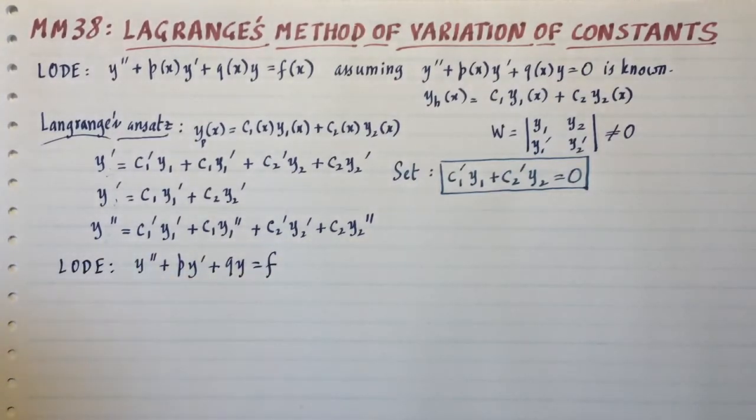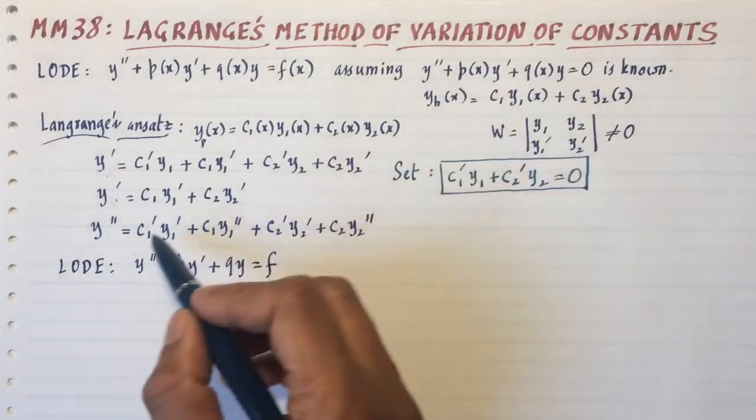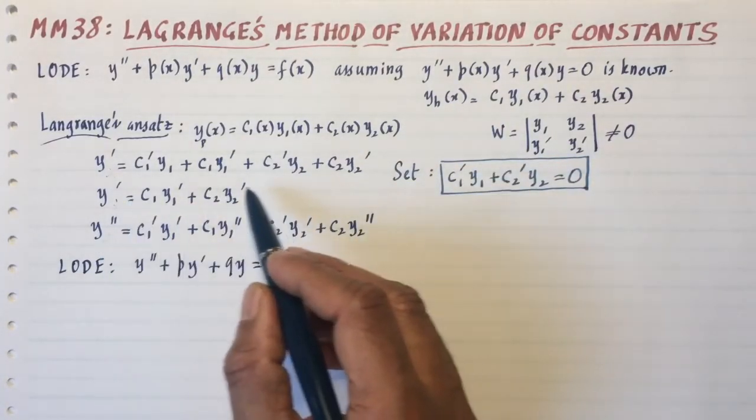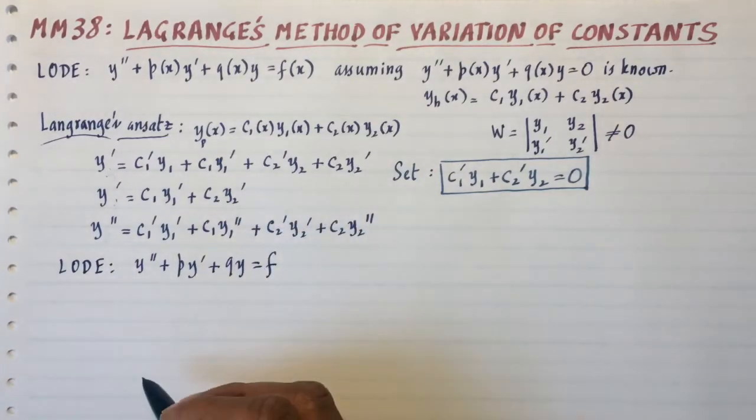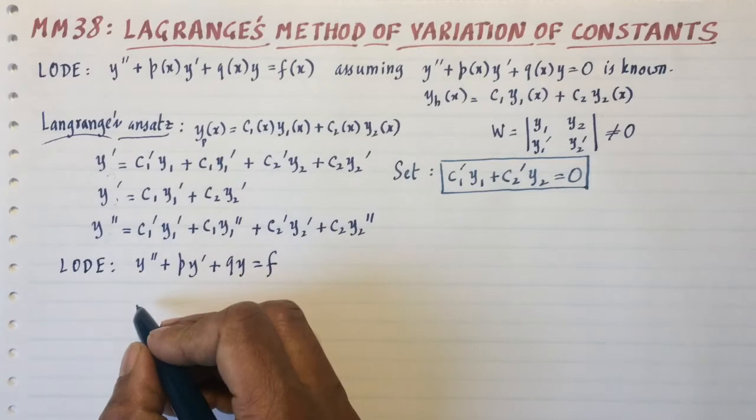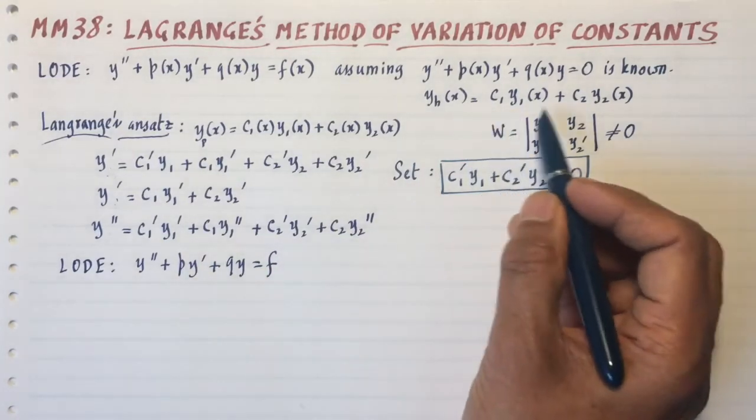And let's substitute what we have here. For y double prime, I'll substitute that. For y prime, I'll substitute this. And for y, I'll substitute just y. So I'm going to get, for y, I'll substitute this.